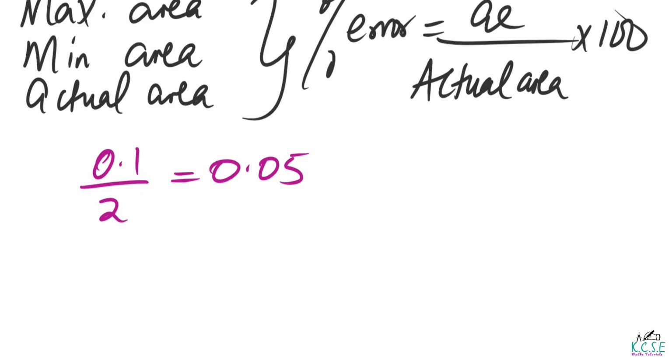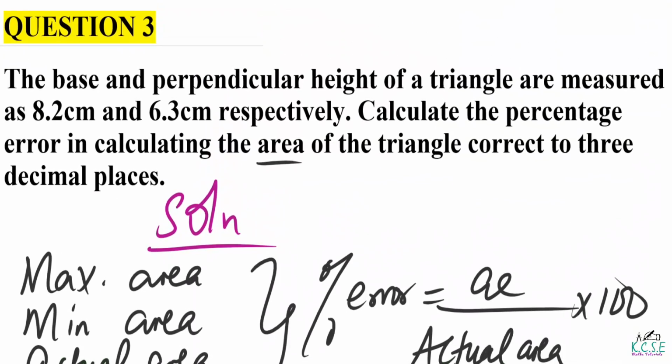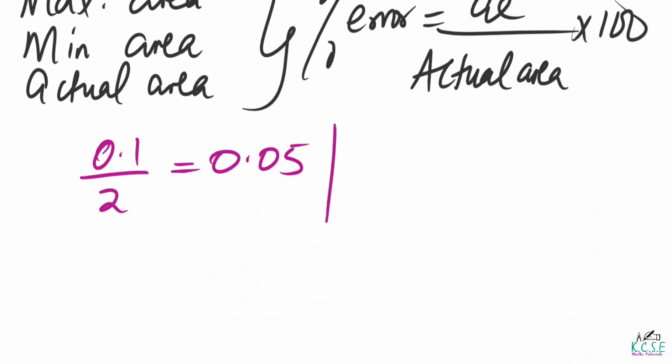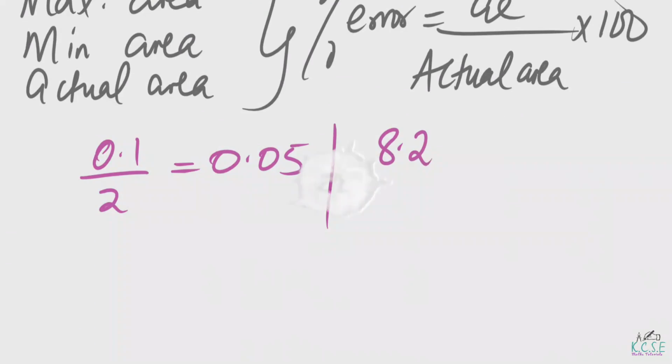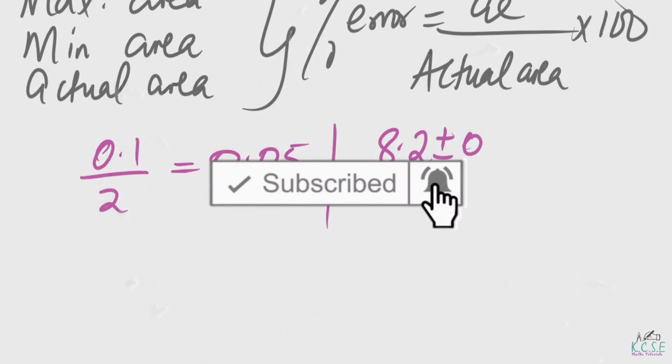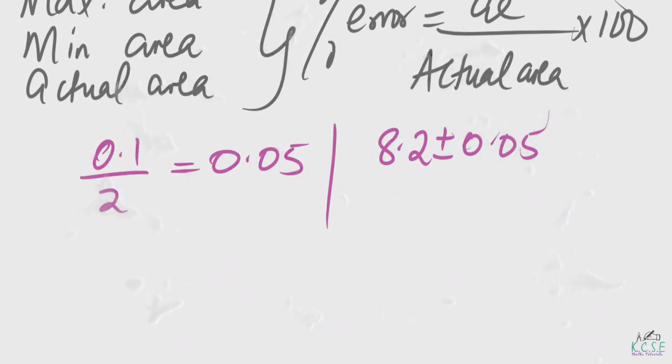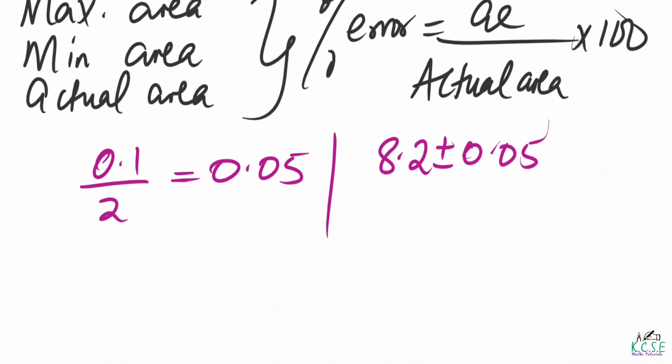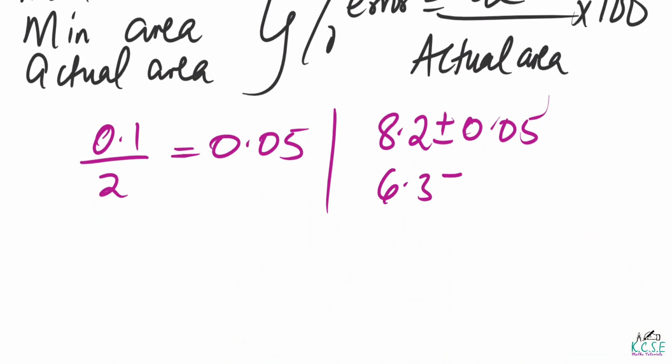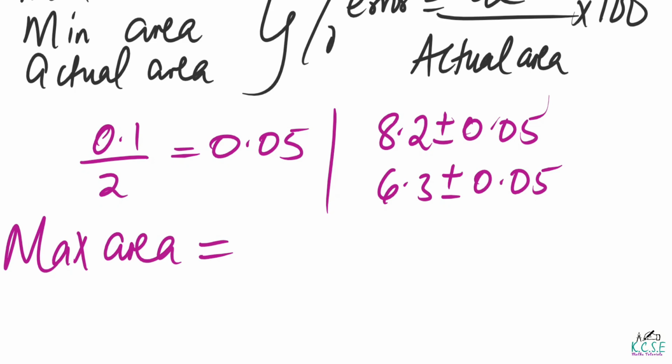Now, using this figure, 8.2 centimeters will lie between these limits, and the other measurement, 6.3, will lie within these limits, plus or minus 0.05. So to obtain the maximum area, we shall take the upper limits.